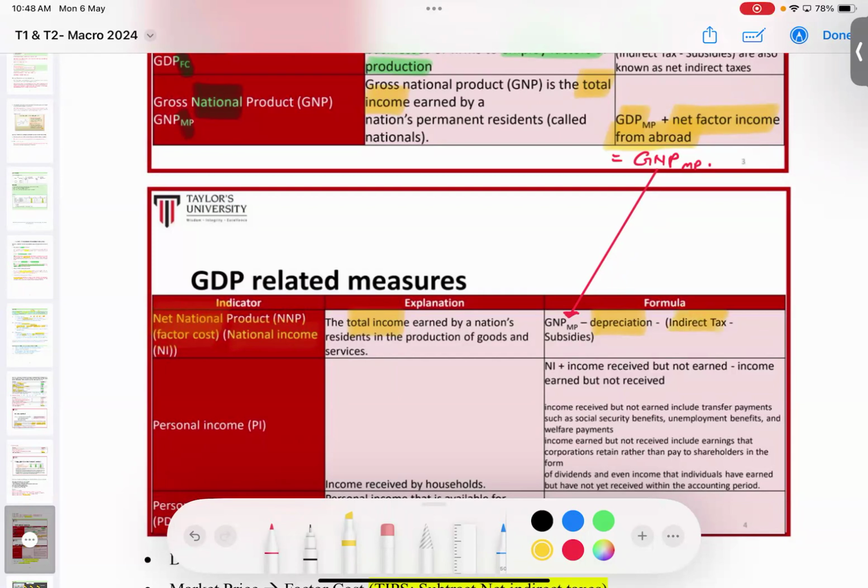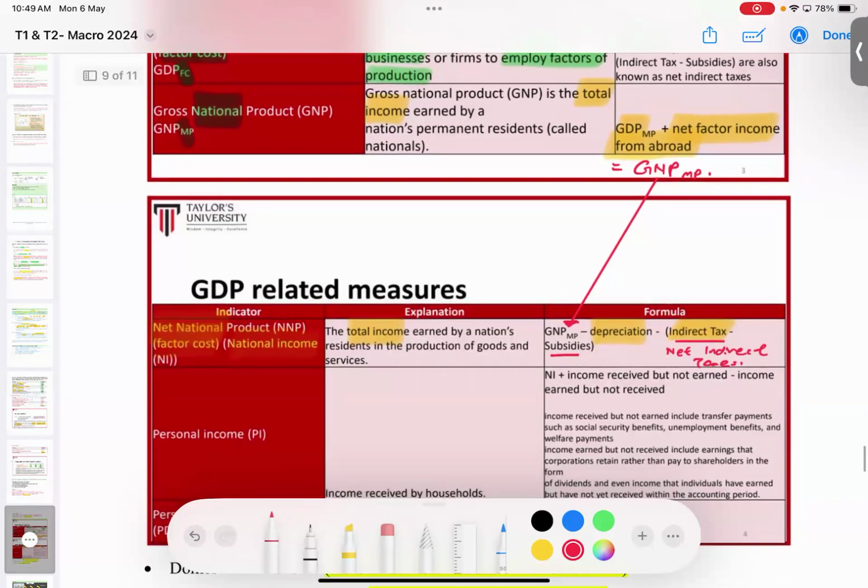That means indirect tax minus subsidies. Remember, when I say indirect tax minus subsidies, this part over here is what we call net indirect taxes.